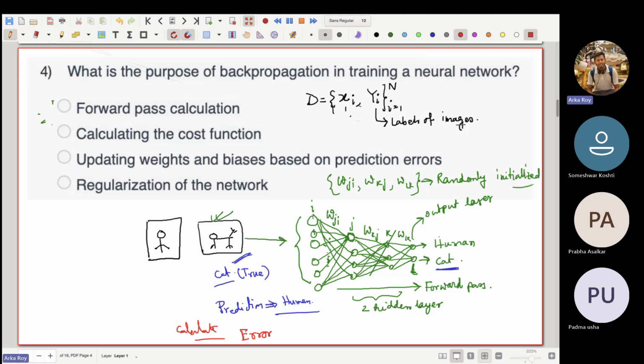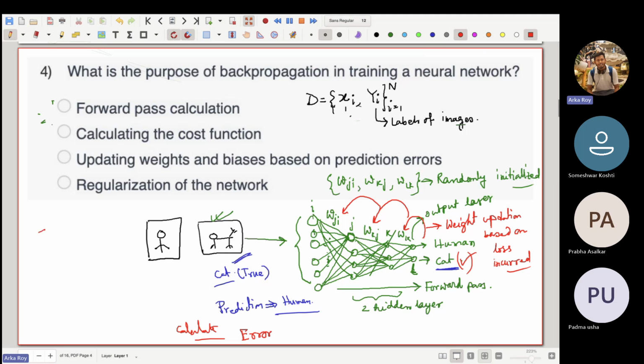Then based on this error, you have to update these weights such that in the next iteration, when you feed the same image of this particular cat, you should make the correct prediction. So that is called weight updation based on the loss incurred.